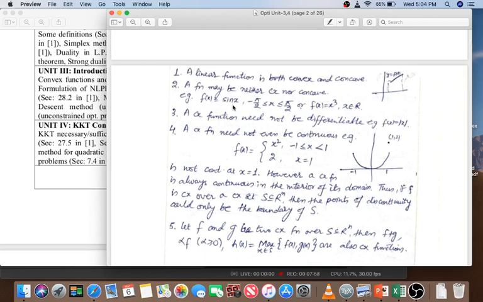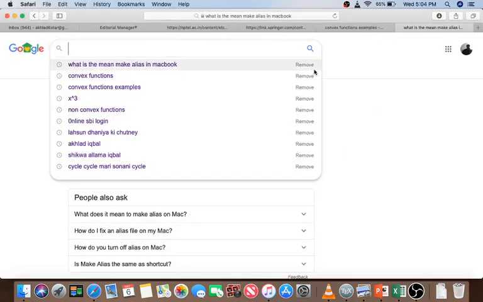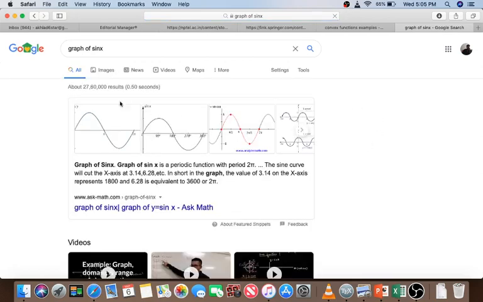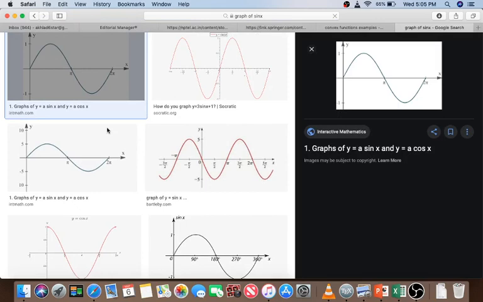If you see the graph of f(x) = sin x from -π/2 to +π/2, in half part it is convex and in half part it is concave. I can show you the graph of this if you want. Here you can see the graph of sin x.